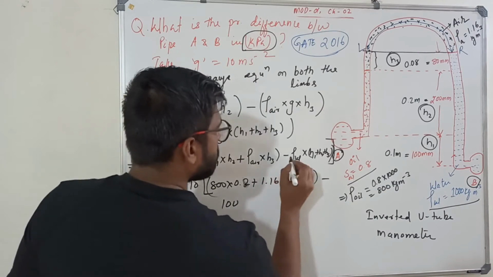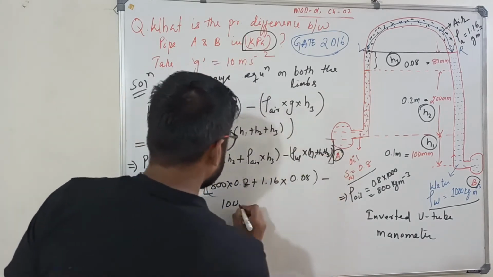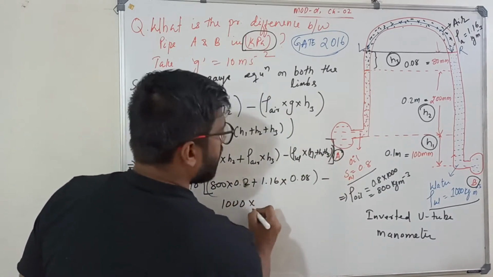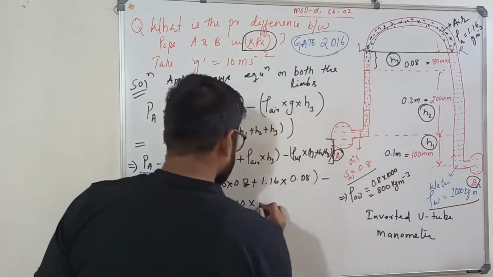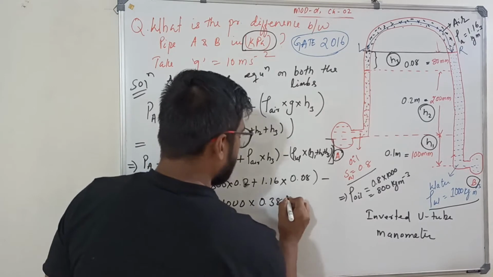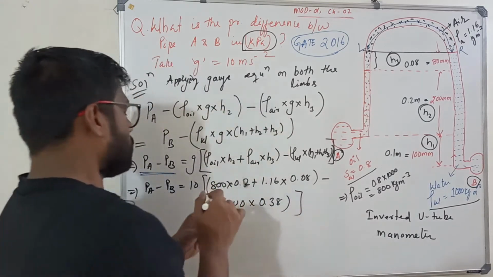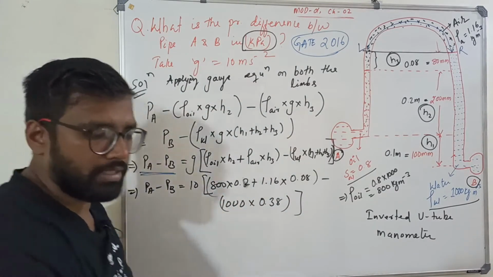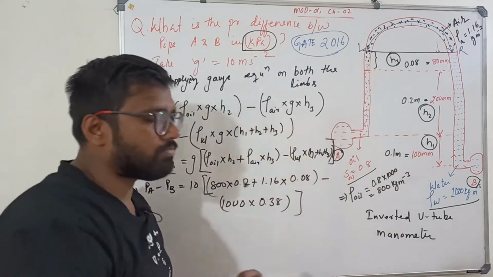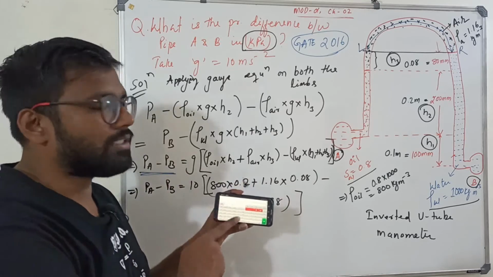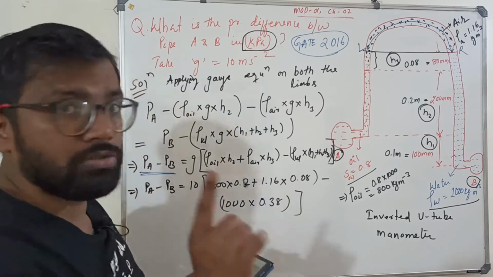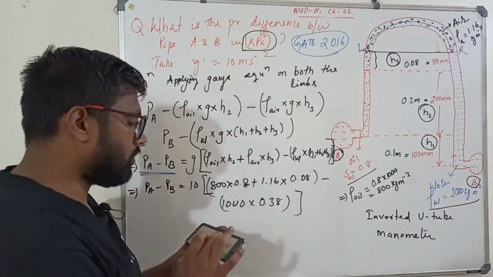Sir, water is 1000, density multiplied by height. 0.1 plus 0.2 is 0.3, 0.3 plus 0.08 is 0.38 meter. Solve it and you will get PA minus PB. Make sure to use the virtual calculator. Download it and use it now. Don't use your normal calculator, you'll end up with the wrong answer.